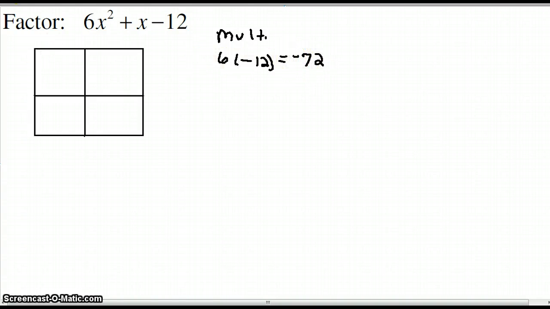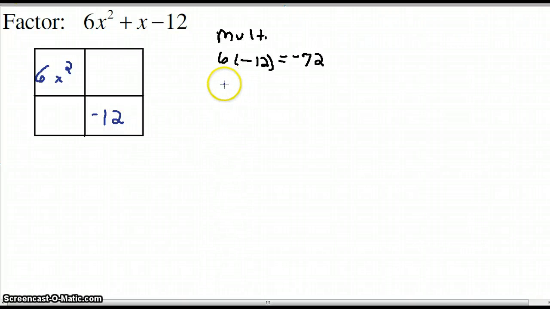Now, inside the squares, what we put are the leading term, the 6x squared, and the constant term, the negative 12. But we have to put them in not just any square. We have to put them in the top left corner for 6x squared and the bottom right corner for the constant term, negative 12.